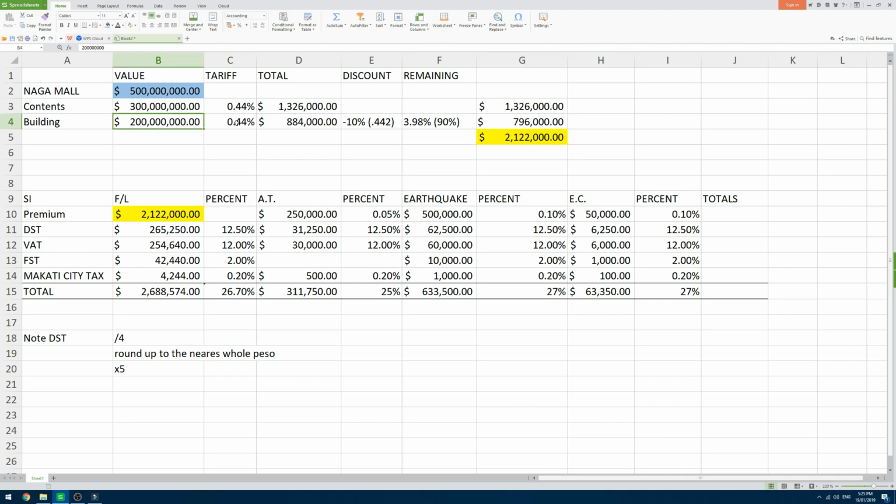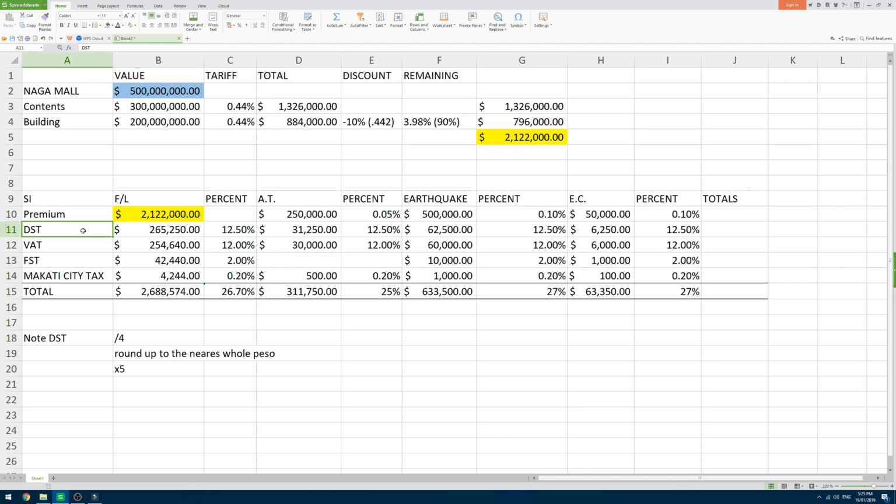But for the building, it's not 0.44. You need to get 90% of it, so that's 0.398, and you will end up with 796,000. Add them together to get the premium of the standard insurance, which is 2,122,000.